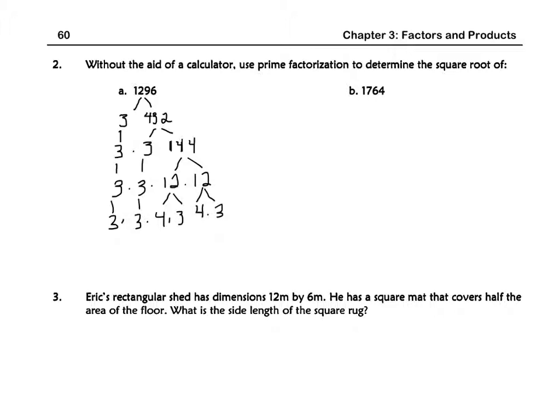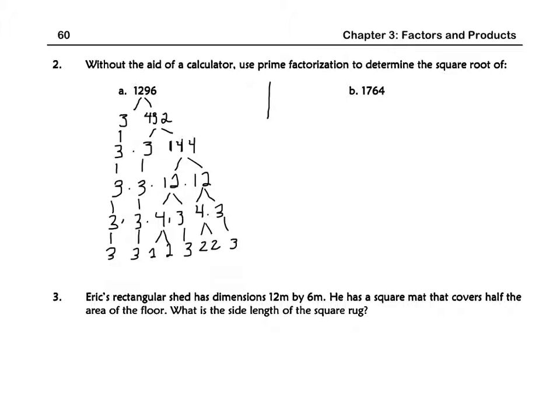And again, if you can see that there are pairs of numbers, you can stop your prime factorization and start separating them into equal groups. But if not, just keep going until you get to the prime factors, and then you should be able to tell for sure if there are equal groups.